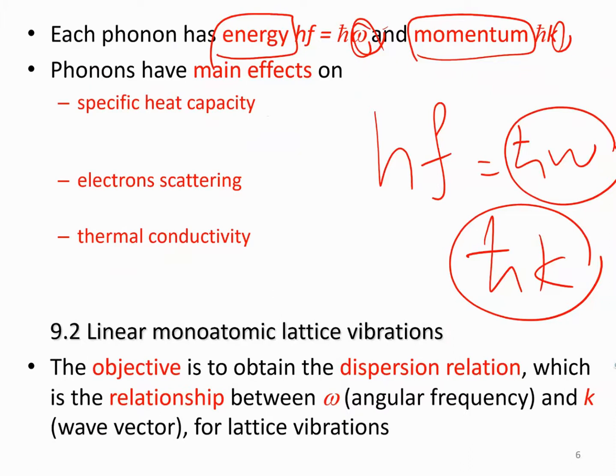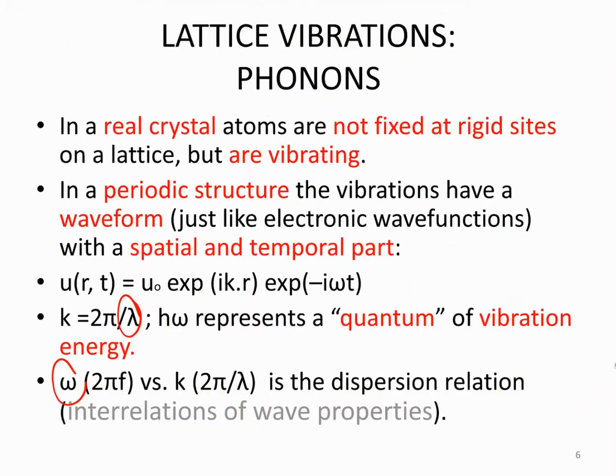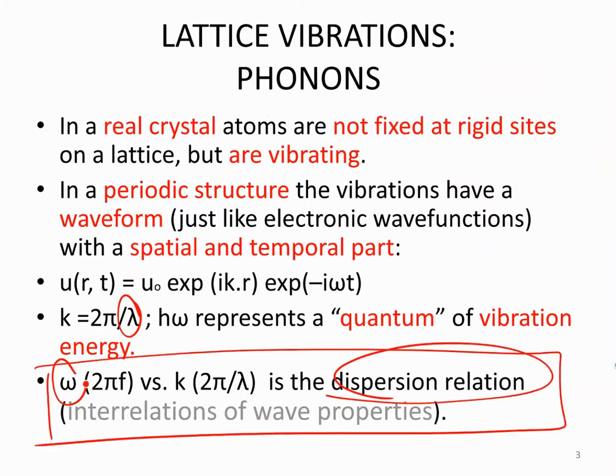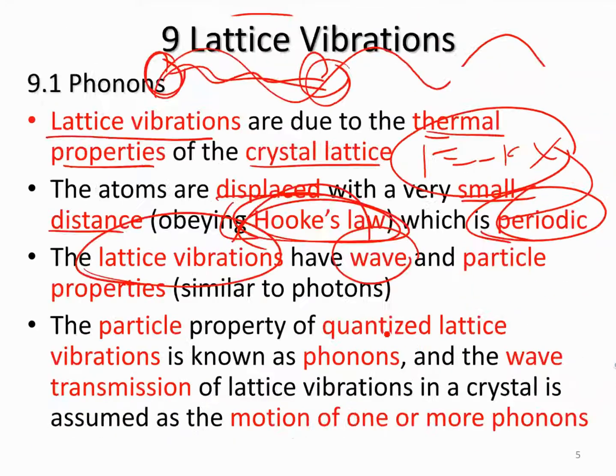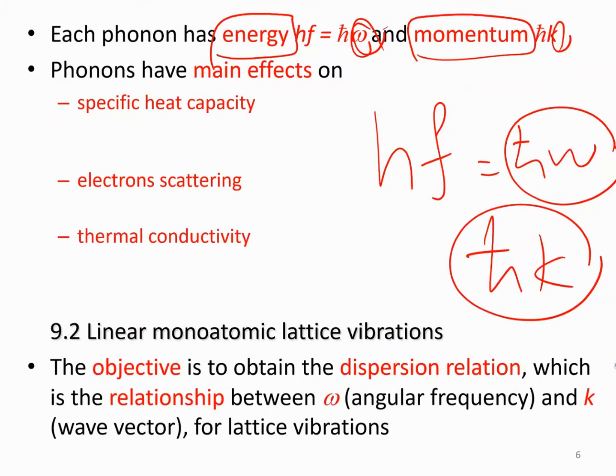Remember that one of our main purposes for this chapter is to find the dispersion relation between omega and k. This omega represents energy, and this k represents momentum. Why does omega represent energy?